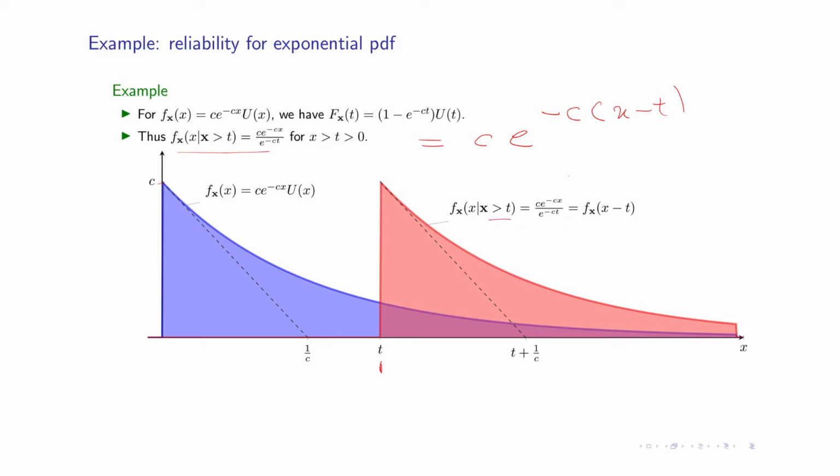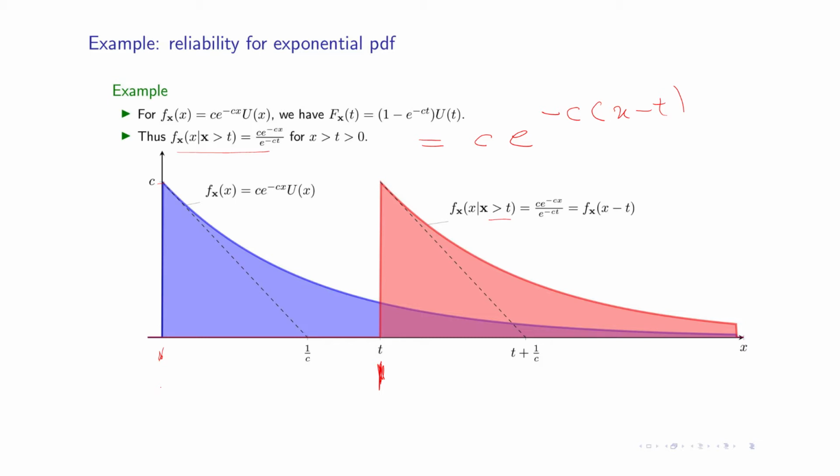The only difference is that it's shifted to the right. So this system that has functioned up to this moment is not much different from this one. It's kind of like the PDF is shifting with time with you, as long as there is no failure.